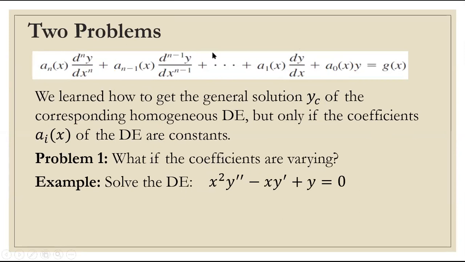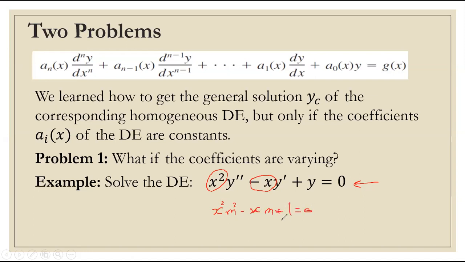So if I ask anyone of you how to solve this equation with coefficients that aren't constants, you can't use the auxiliary technique, because if you try, you get m squared minus x m plus 1 equals 0.